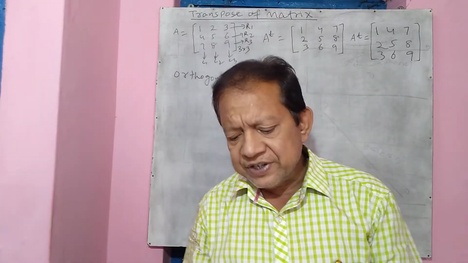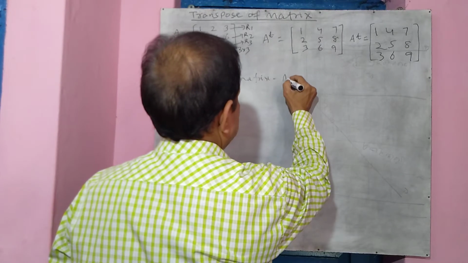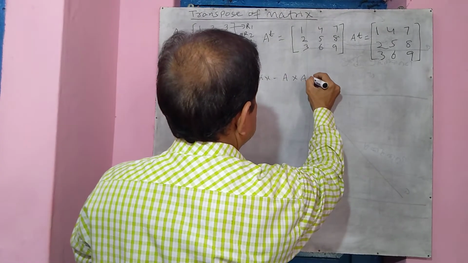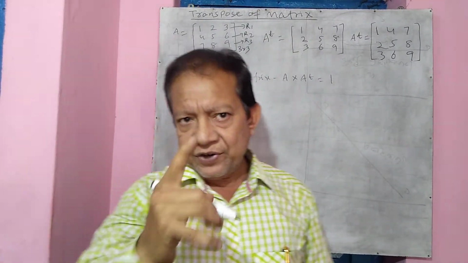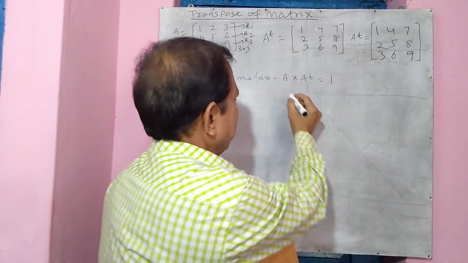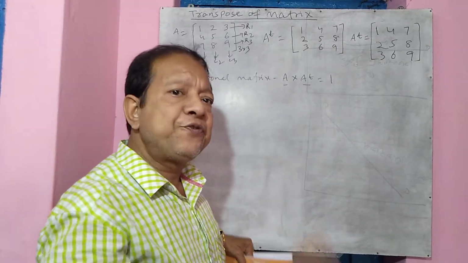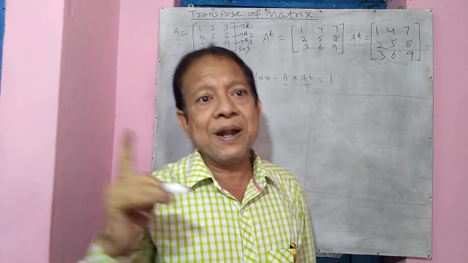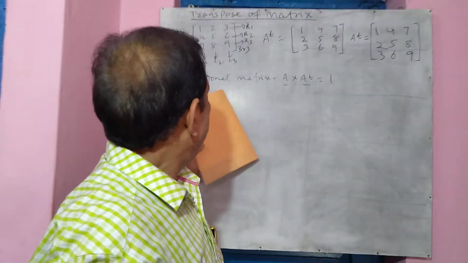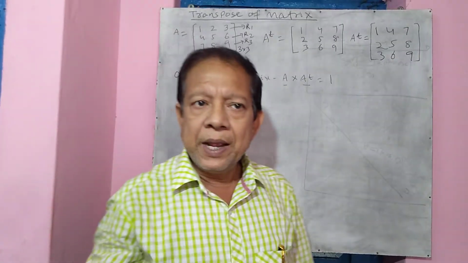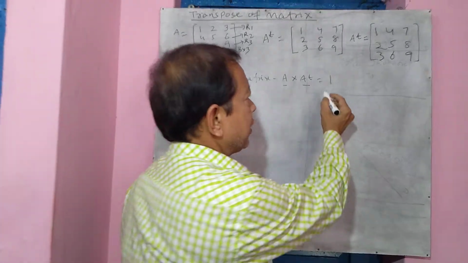An orthogonal matrix is a matrix where A into A transpose is equal to 1. When a matrix is multiplied with its transpose and gives you a unit matrix or identity matrix, then we call it an orthogonal matrix.